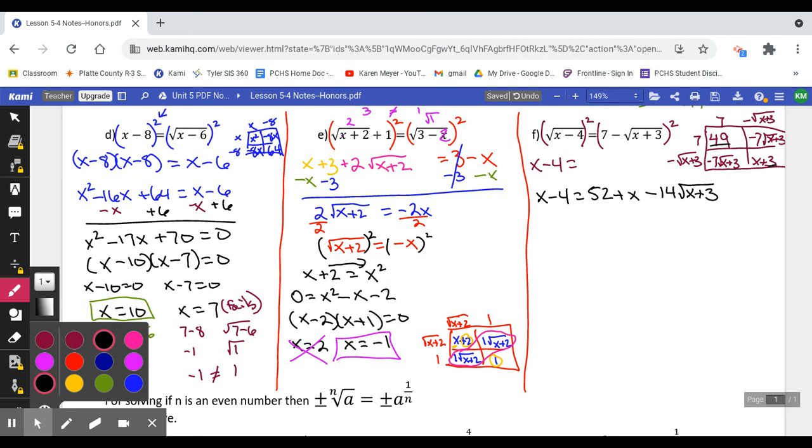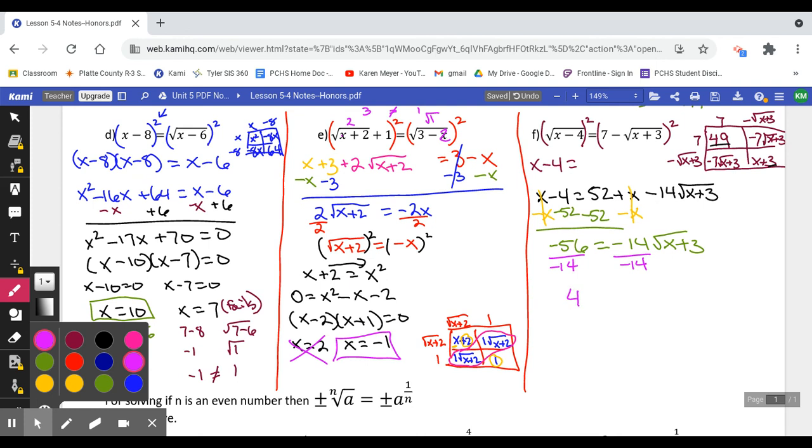So now our job is to get the root by itself. So I'm going to subtract x, which cancels out on both sides. Yay. I'm going to subtract 52. So negative 56 equals negative 14 square root of x plus 3. Ooh, I get to get rid of my negative 14 by dividing it away.